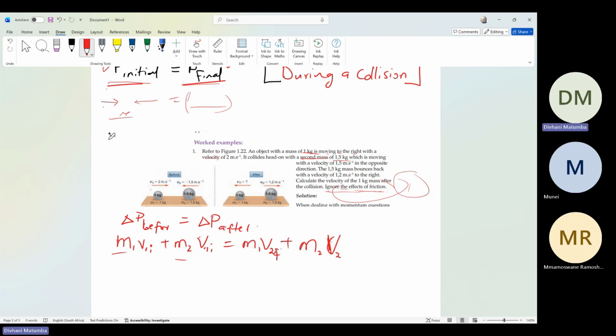So this is initial and this is initial, this is final and this is final.